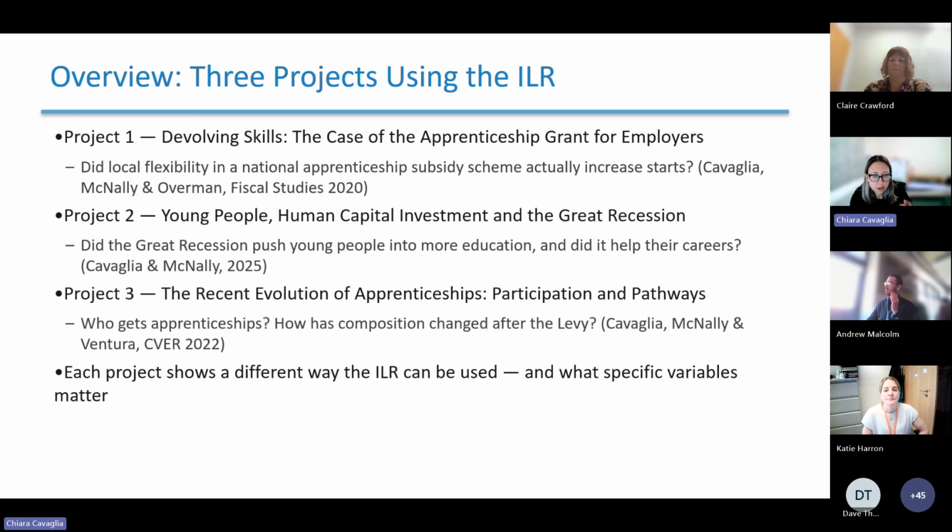These are the three projects, and I've tried to select them so that each project is using a slightly different ILR data set, and I'm trying to highlight the main variables needed that we have used for each of the projects.